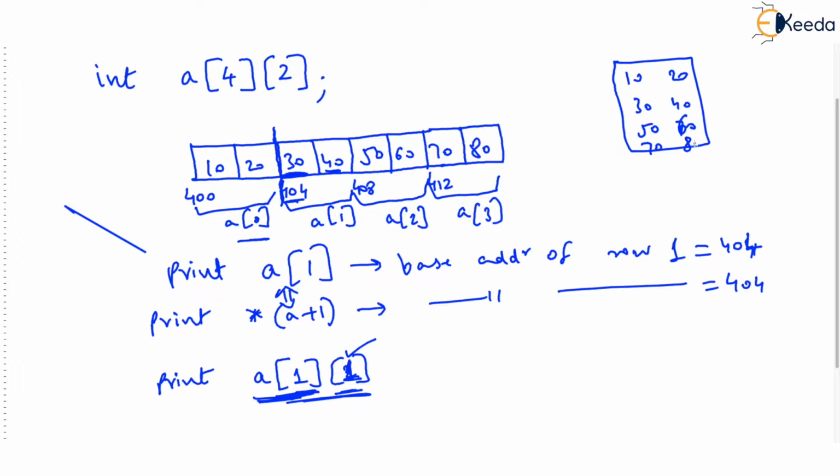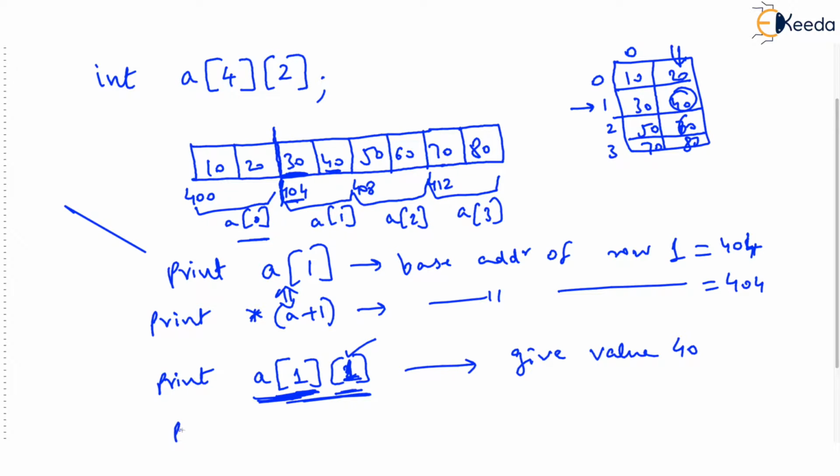So what we are talking about is, the rows are 0, 1, 2, 3, and the columns are 0, 1. We are talking about the first row and first column, so that is 40, this element. So you know this is going to give the value 40.